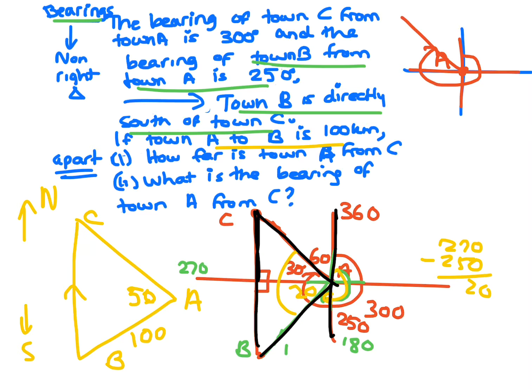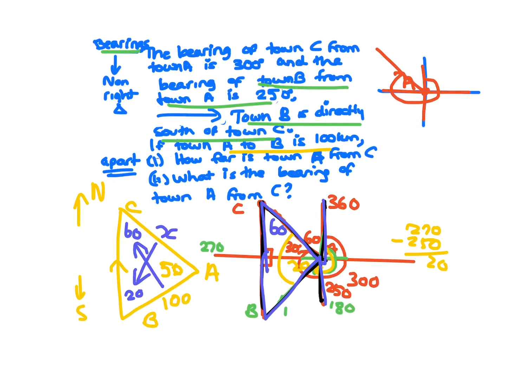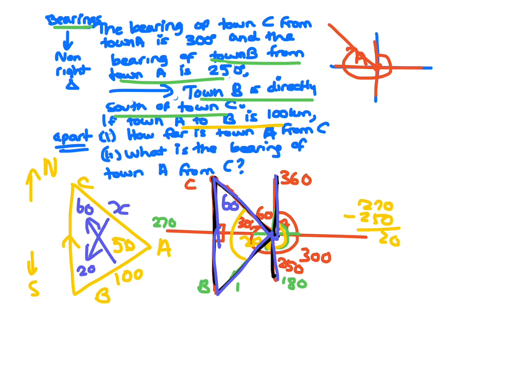When you create parallel lines, you can use alternate angles. By alternate, that would be 60, and alternate there, that would be 20. The question asks how far A is from C, so that's the x. You'd prefer the 20, because then you create the opposite thing and you've got the sine rule happening. Little a on big A is little b on big B. So x on sine 20 equals 100 on sine 60.